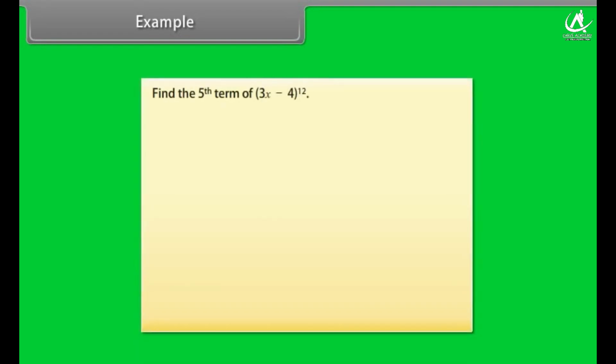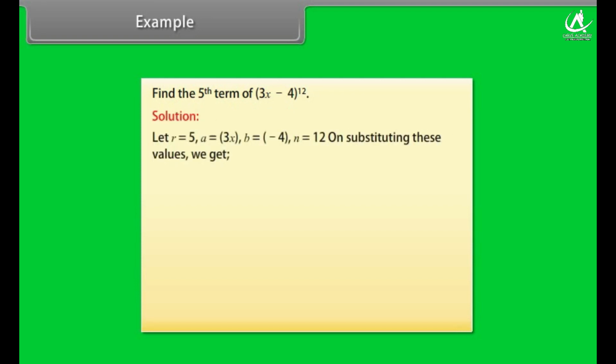Example: find the fifth term of (3x − 4) raised to power 12. Solution: let r is equal to 5, a is equal to 3x, b is equal to minus 4, n is equal to 12.